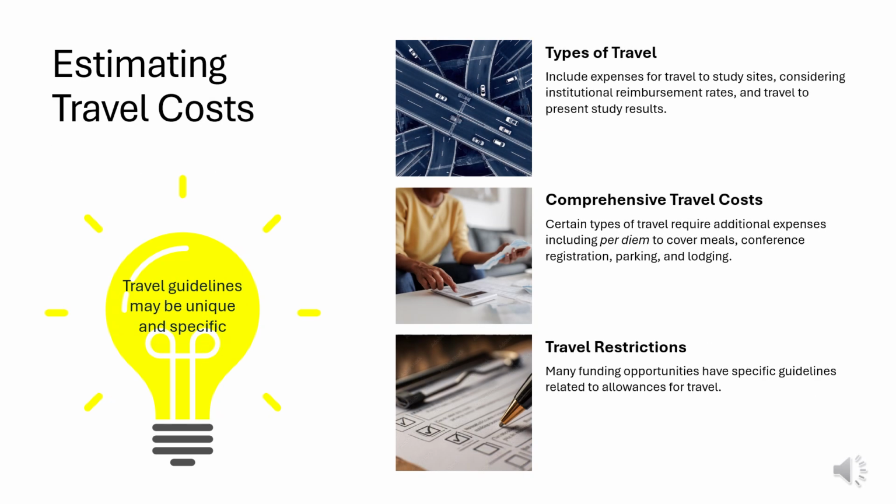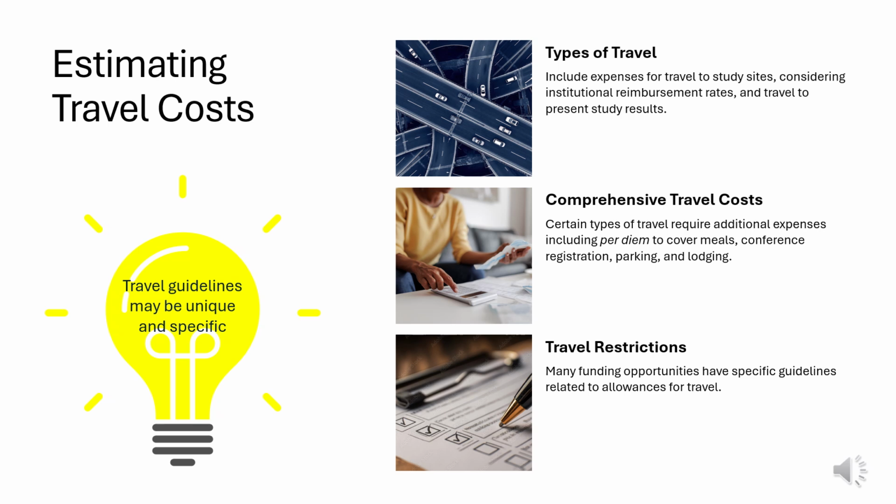When estimating travel costs for a budget, it's essential to account for all types of travel required, including visits to study sites, but also potentially trips to present study results at conferences or meetings. A thorough budget should incorporate related expenses such as per diem allowances, conference registration fees, parking, and lodging.